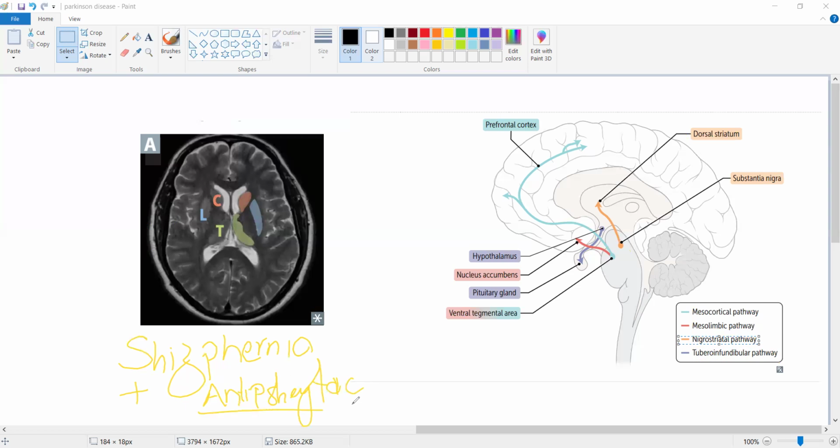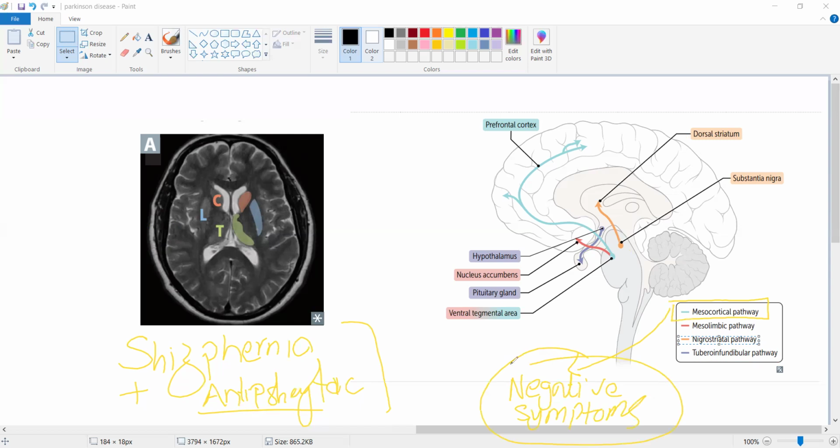The patient's negative symptoms do not improve because this antipsychotic has limited effect on the mesocortical pathway. So the mesocortical pathway is responsible for the negative symptoms in schizophrenia, right?